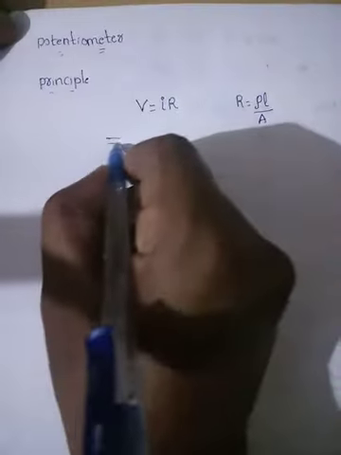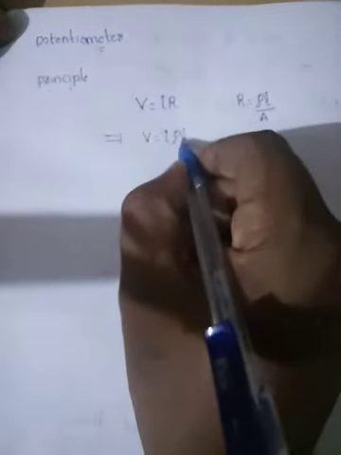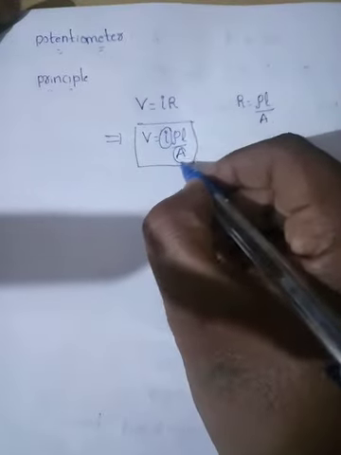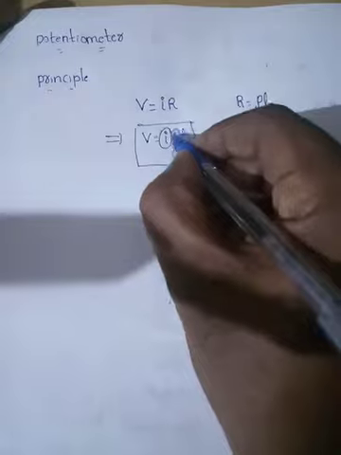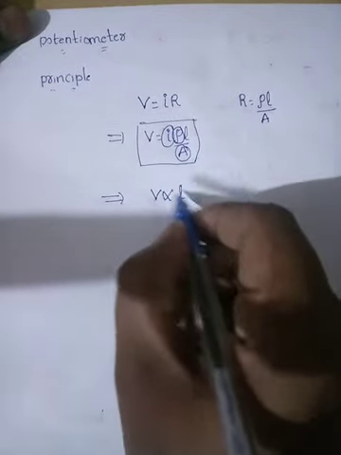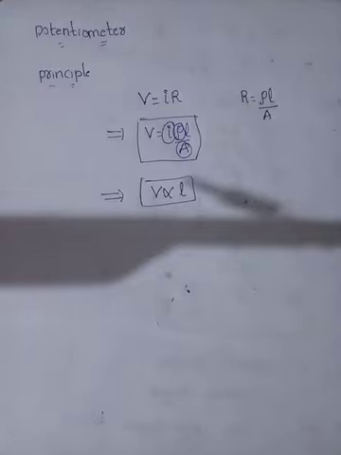So I am rewriting this as V is equal to I into rho L by A. Now in this, if you make current constant and you consider a wire having uniform area of cross section and the material is having uniform resistivity, then by considering all the conditions, what do you get? V is directly proportional to the length of the wire.